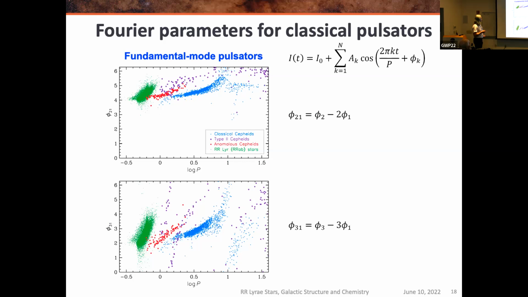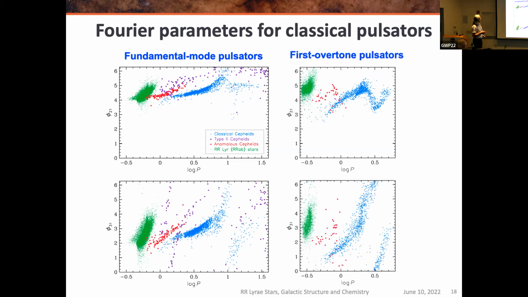We put these Fourier parameters, especially phi-2,1 and phi-3,1, against the period, and it turns out that different types of classical pulsators can be easily distinguished in these planes. We use this method to find quite a large number of anomalous Cepheids in our galaxy. It works for fundamental mode pulsators and works fine for first overtone pulsators.